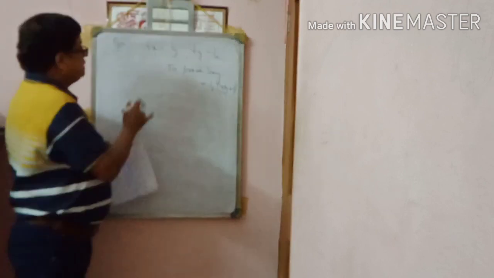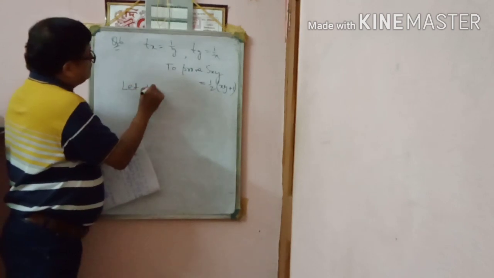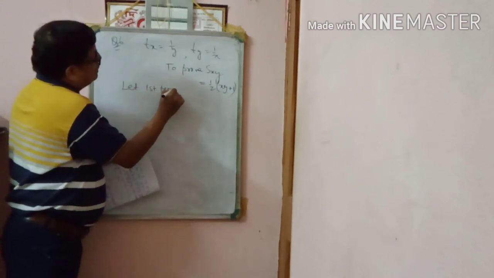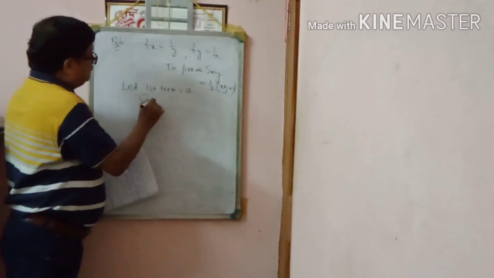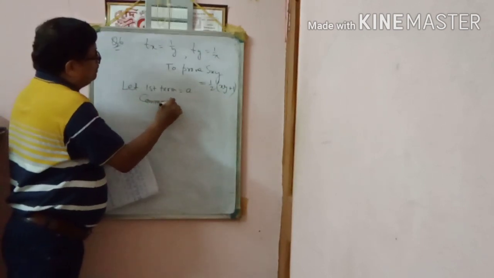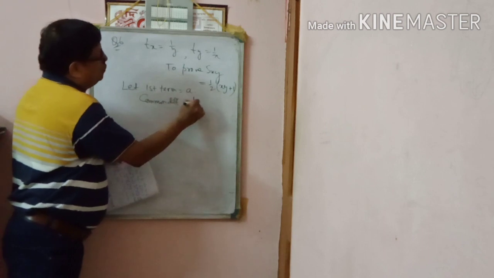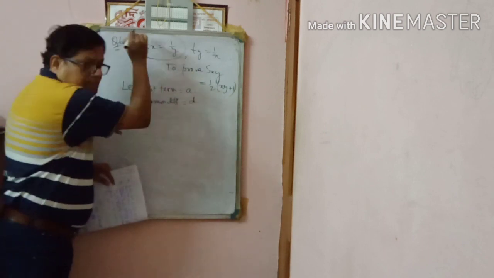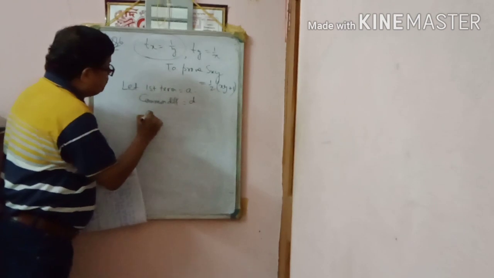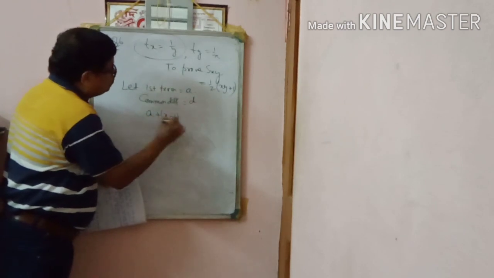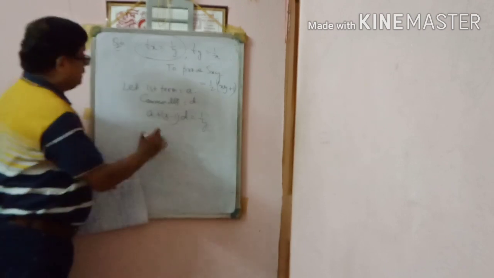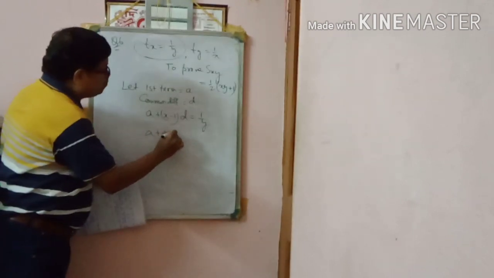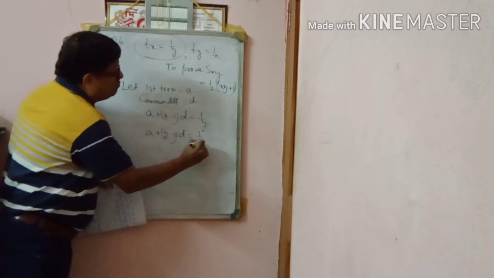Similarly you have to write: let the first term equal a, common difference equal d. So Tx is given: a plus (x minus 1) into d equals 1 by y, and a plus (y minus 1) into d equals 1 by x.